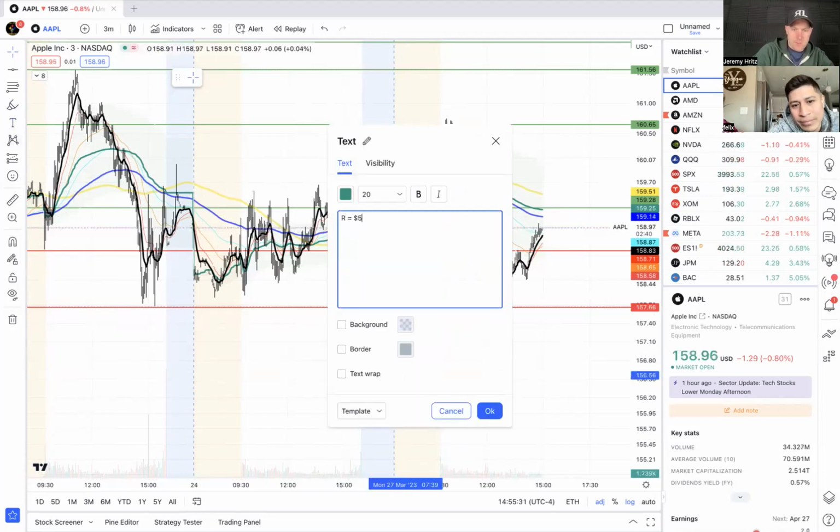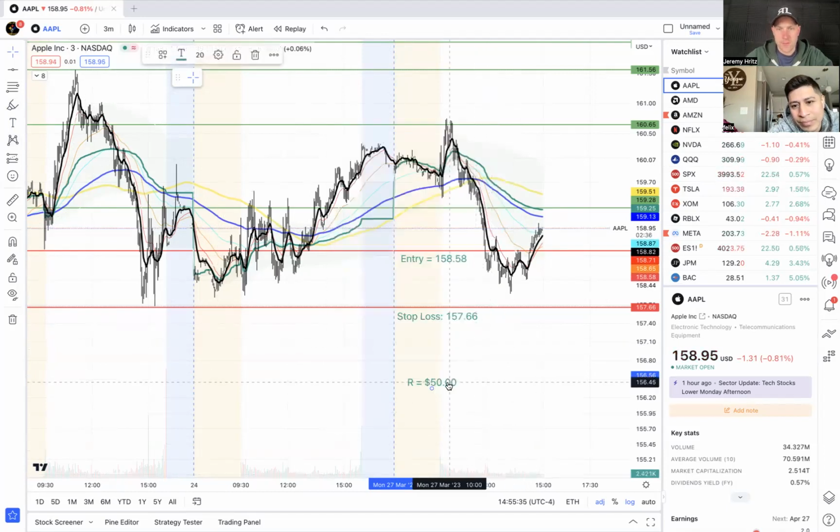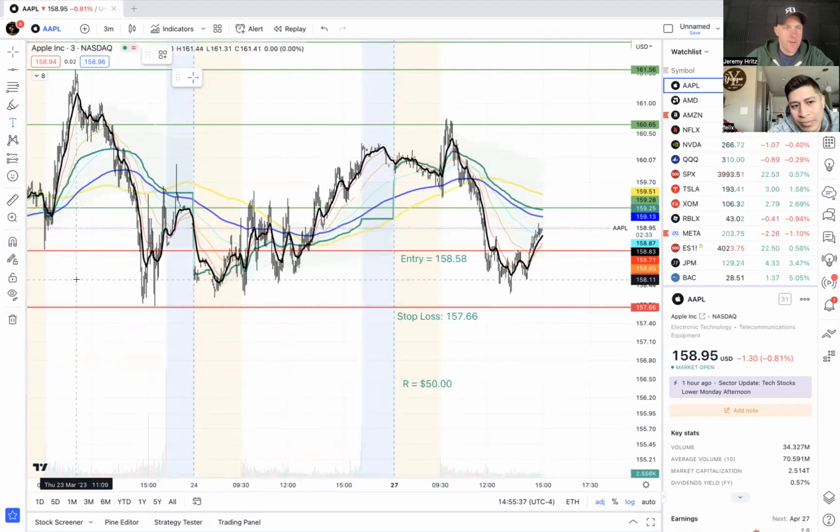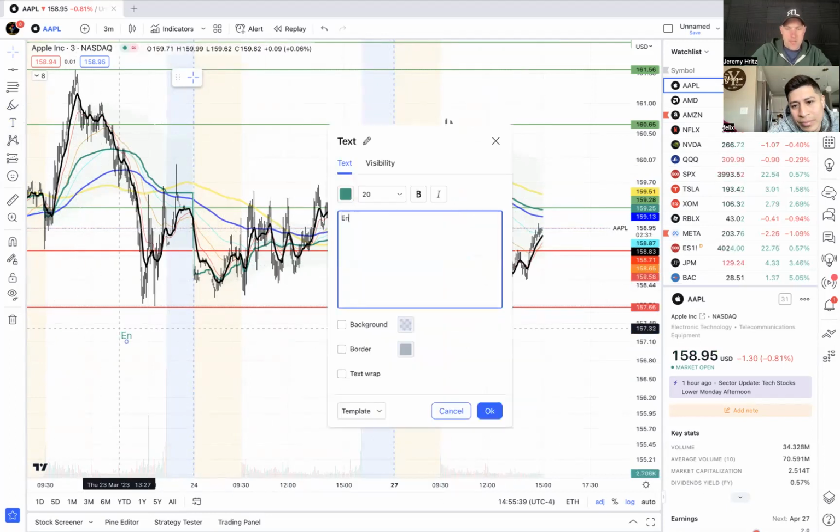That's where I started. Here's the calculation. We take the entry minus the stop, which equals the difference. Then we divide the R by the difference, and that tells us the number of shares to buy.